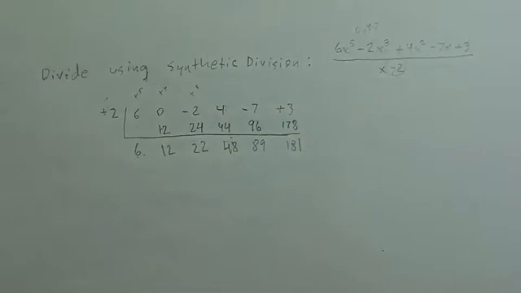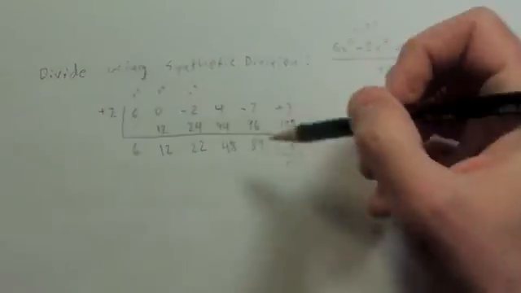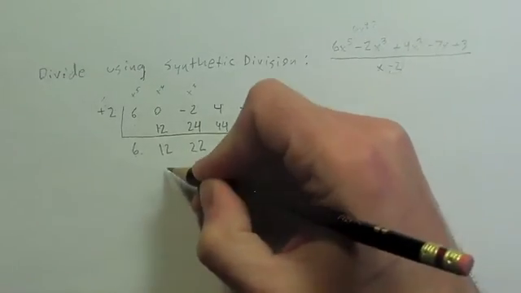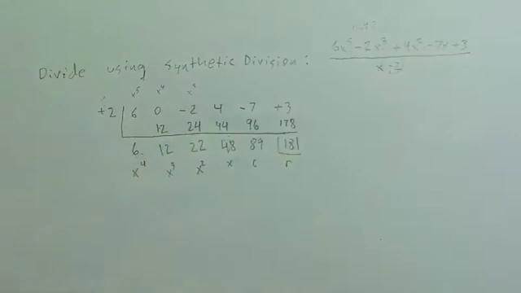Okay, and there we go. We now have our string of values here. This last one is the remainder. Then we just escalate up. This is the constant, this is the x term, this is the x squared term, this is the x cubed term, and this is the x to the 4th term.